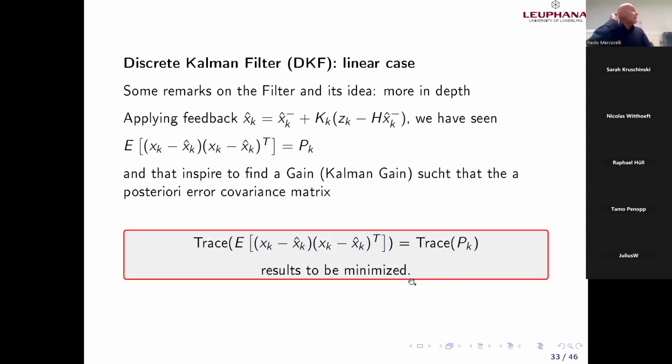Now, here's the key point. I am almost concluding. Look, in order to calculate Kk, which we will see depends on my a priori knowledge, when my a priori knowledge meets my experience, xk minus H multiplied by xk hat minus is the difference between my experience and my a priori knowledge.